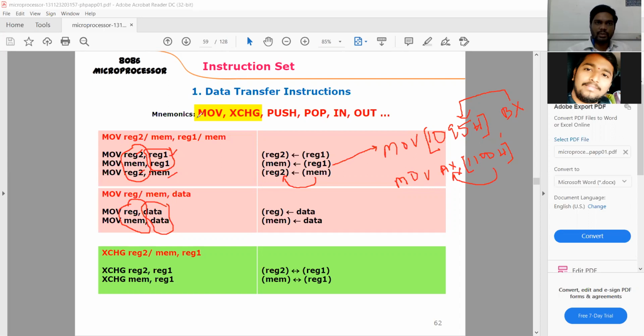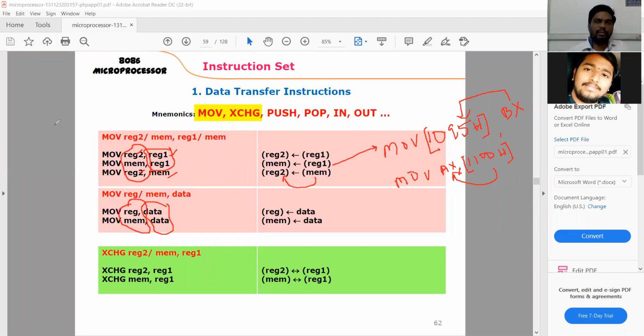The condition that you have to keep in mind when dealing with data transfer instructions is that the destination should always be either a register or a memory location that suits the size of the source operand.